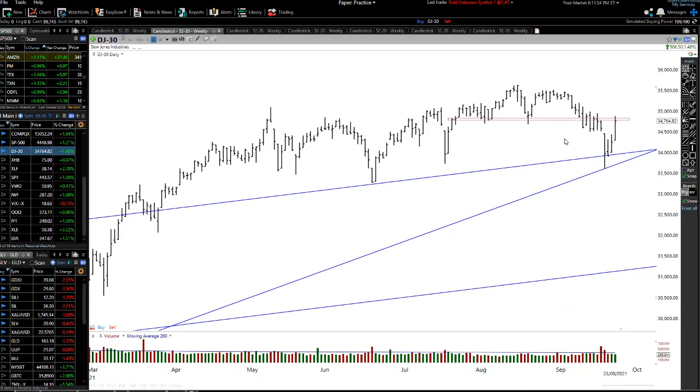So if this is going to be just a little fake move to the upside, a little pop before we see the drop, if it's going to create some sort of lower high here again and then drop, look at this here. This is where it could spell dangerous territory for the markets, and we need to be alert for this pattern.